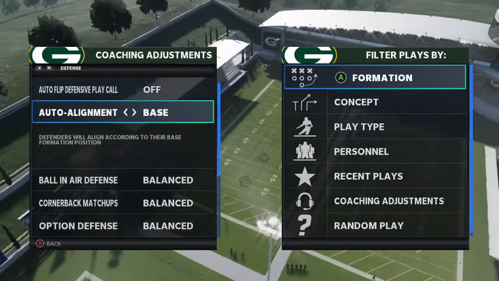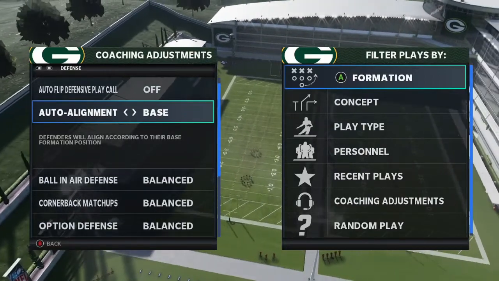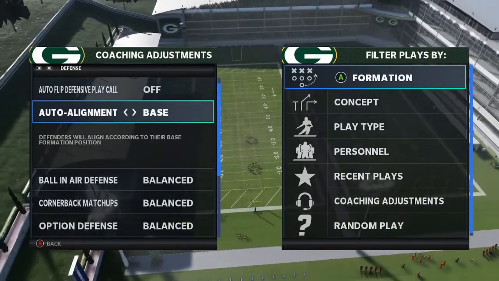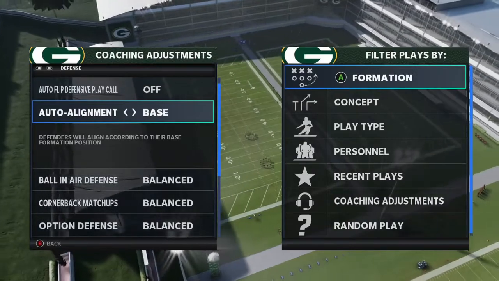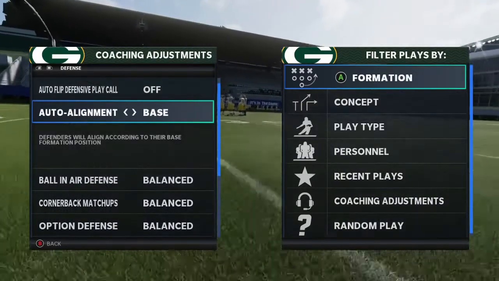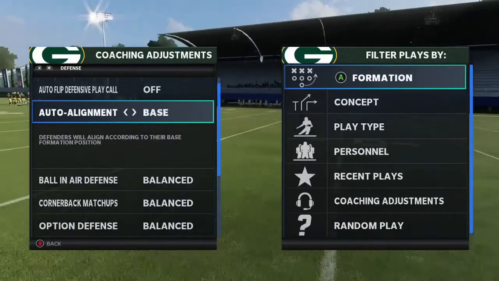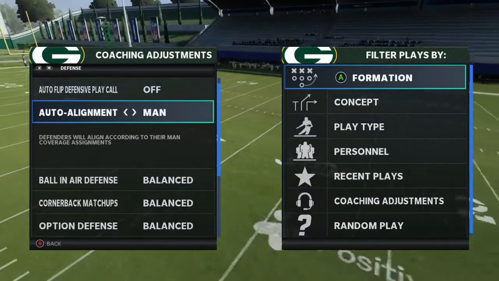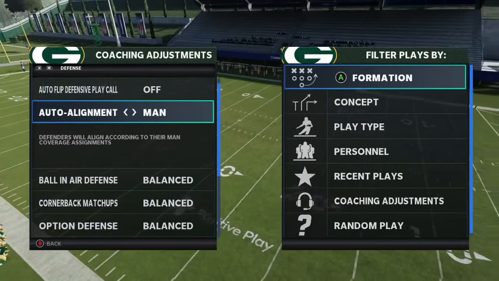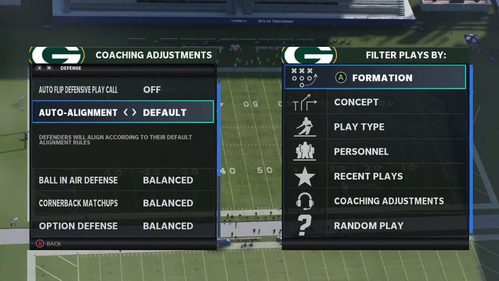You don't want this on base because usually the guys line up too far outside the receivers, and they can get burned deep on the streak. Sometimes we use man auto alignment, but it's kind of rare, so usually just leave it on default.